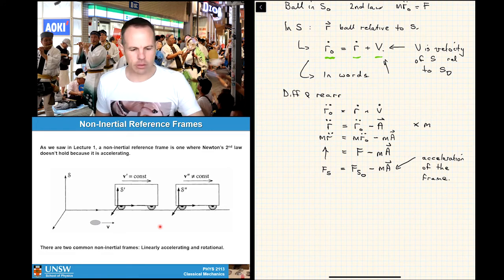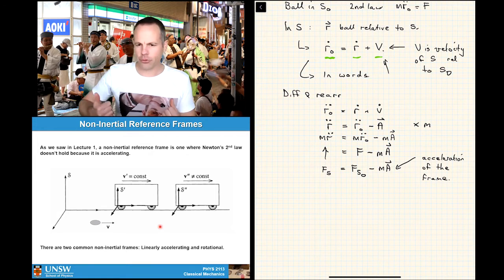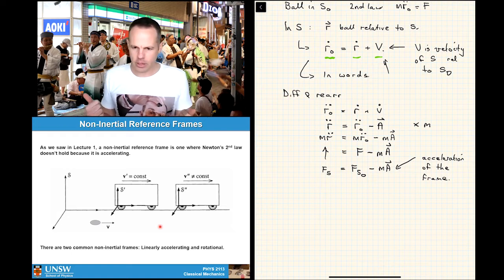And at first, this might seem a little bit weird: I've got a force that's differing by an acceleration of a frame, what's going on here? But we all really actually know what this thing is, right?